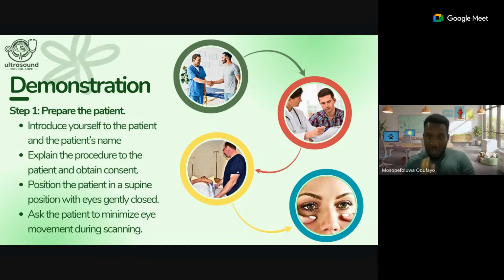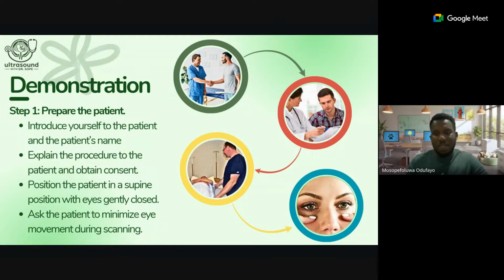Some do it with the eye closed, to avoid irritation by the gel, which is inert, but nevertheless, and also to avoid any form of irritation with the probe. Just make sure the eyes are closed when you are performing this procedure.